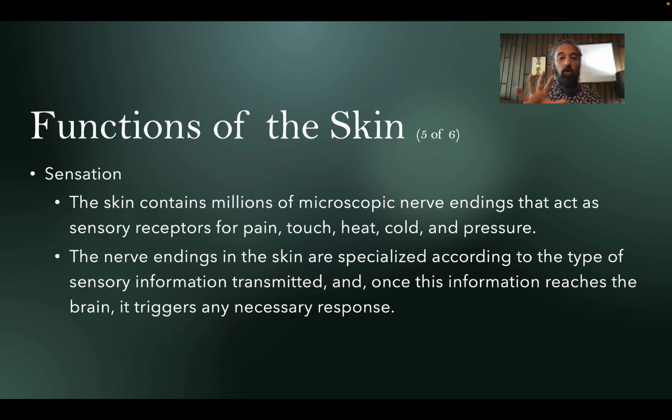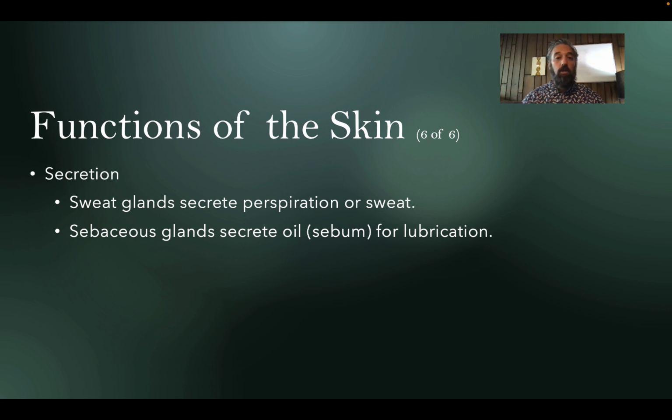Sensation is because of the nerve endings in your skin for pain, touch, heat, cold, and pressure. Pressure actually is very similar to pain, but one way or the other, there's a variety of those in your skin. Secretion is through sebaceous glands that secrete oil called sebum, for lubrication purposes.